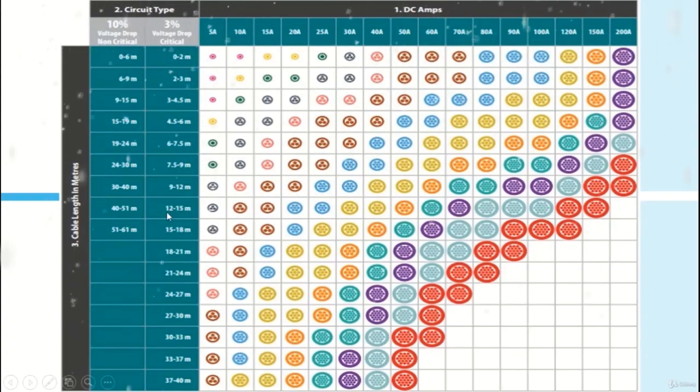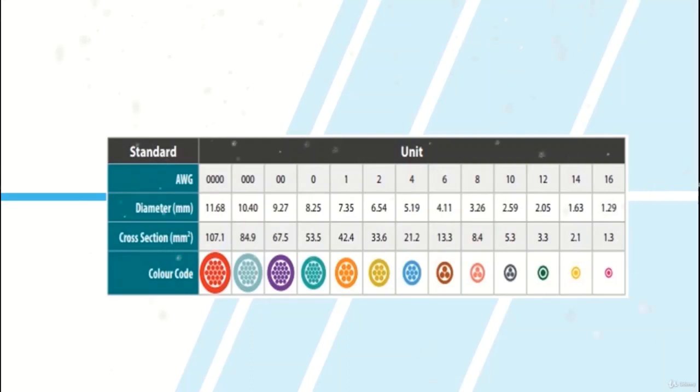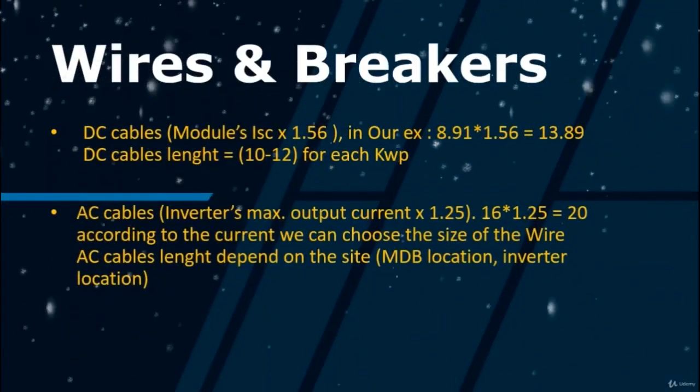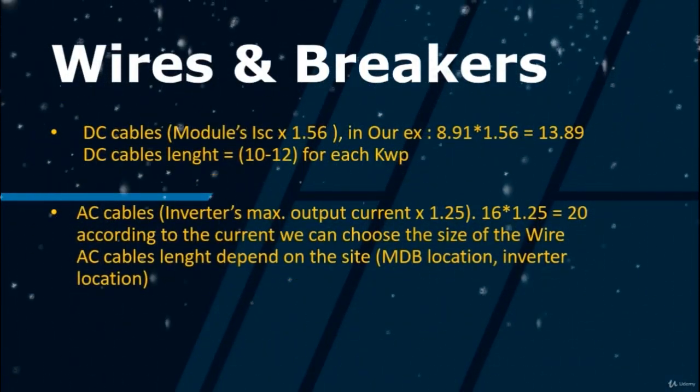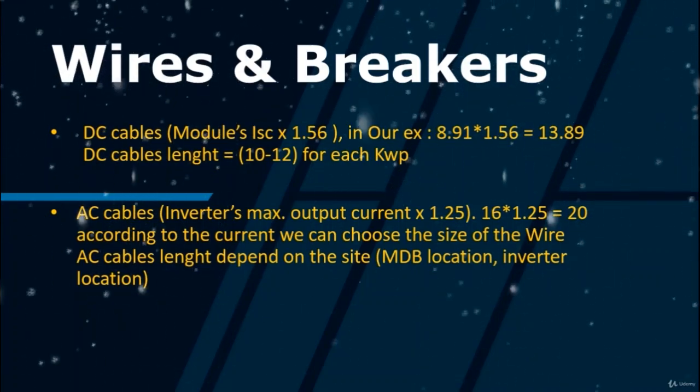We can choose this code. To know the size of the cable, we go to this table. Now we choose this. So we need 4 millimeter diameter and 6 AWG.